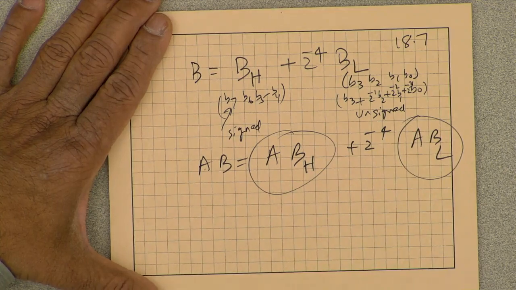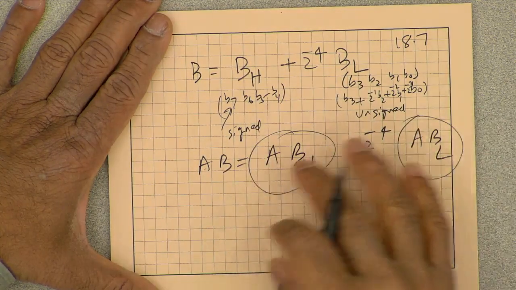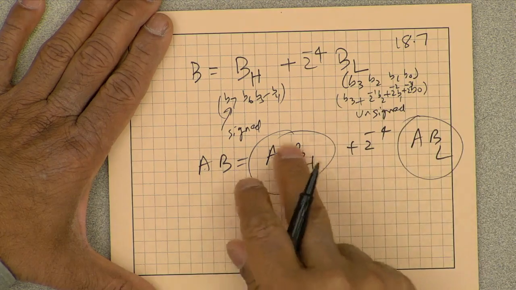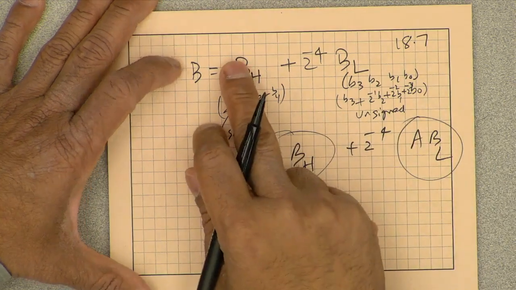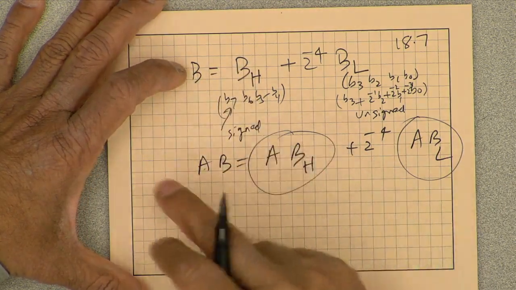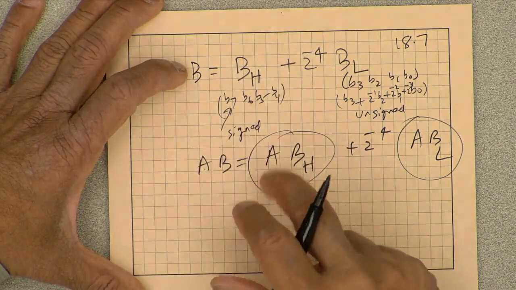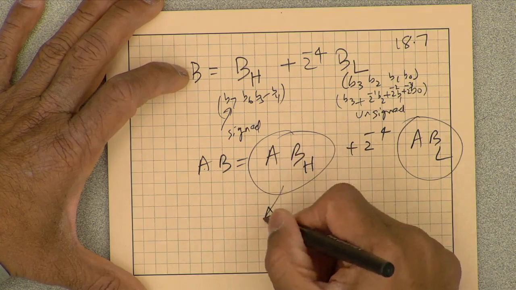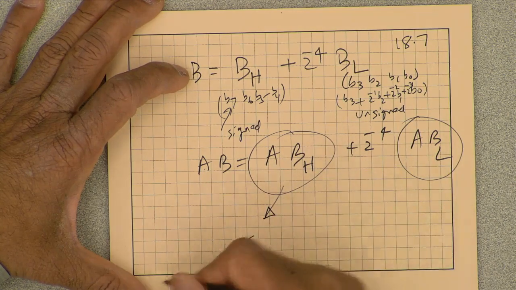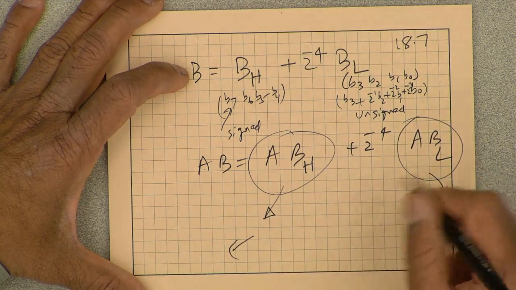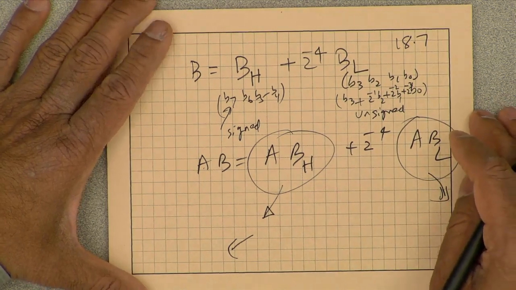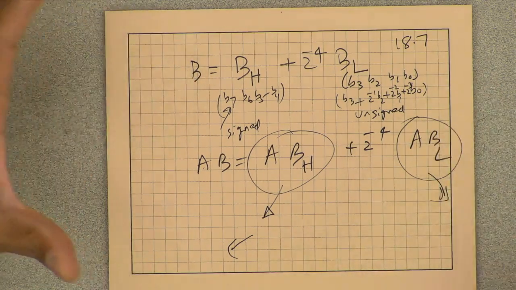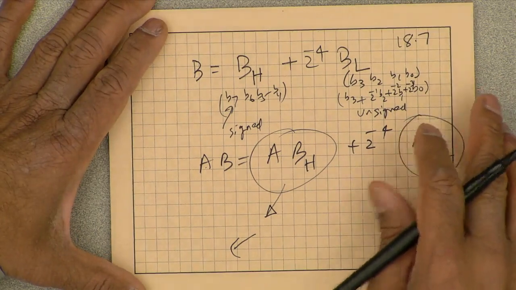If B was, let's say, 32 bits, I can describe that as two 16-bit multipliers, then decompose that to 8 bits and then to 4 bits, and that's the essence of divide and conquer. That's what a binary tree is: you take a big problem and divide it into two small problems.